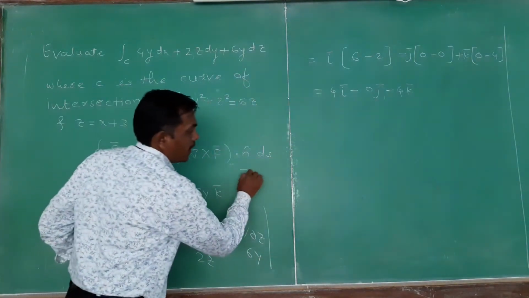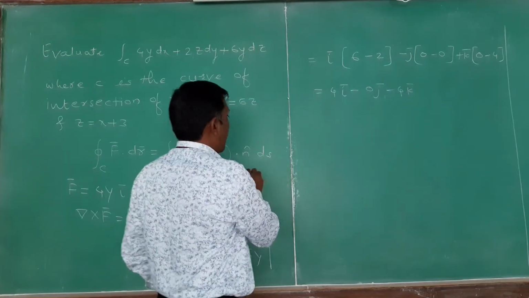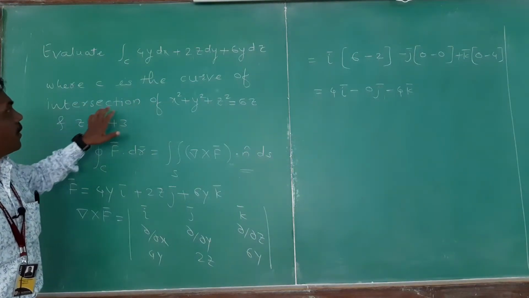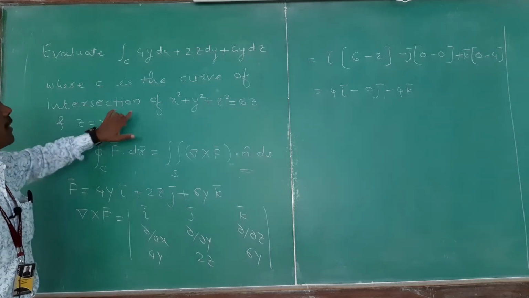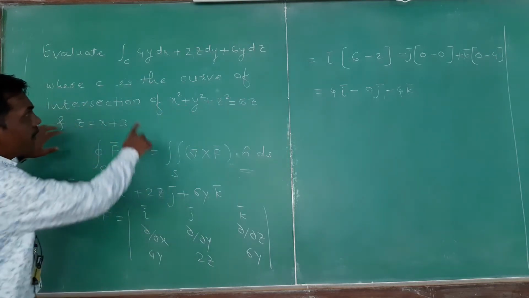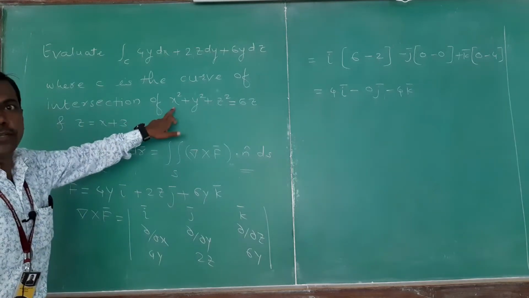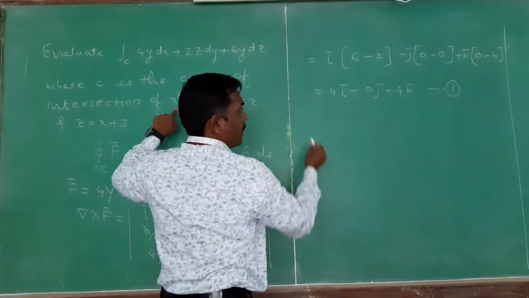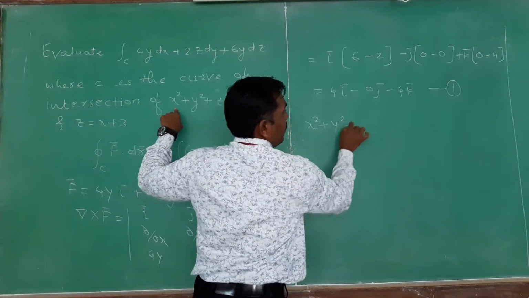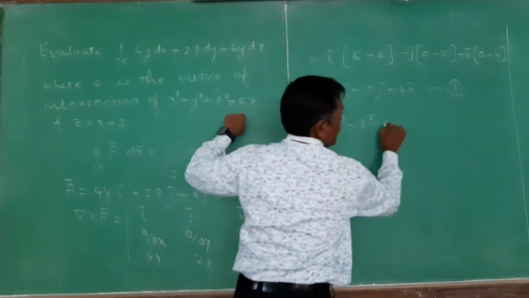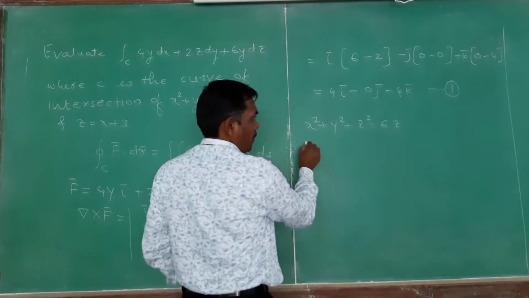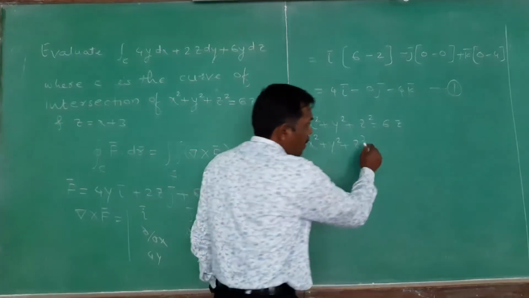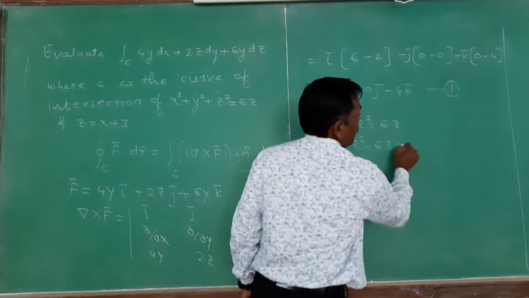Now we require n cap, and to find n cap we have to understand the concept of the given region. What is exactly the given region? As I told you, the given region is a circle. So which circle is there? First we will write down the given region. This is our equation number 1. The given region is x square plus y square plus z square is equal to 6z. We will write it properly: x square plus y square plus z square minus 6z is equal to 0.